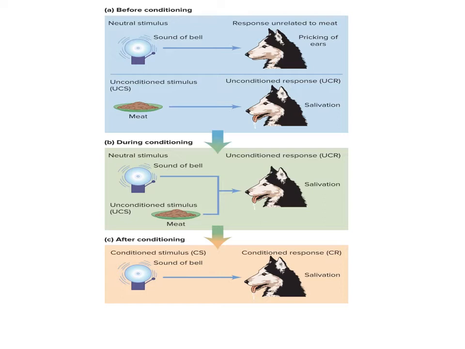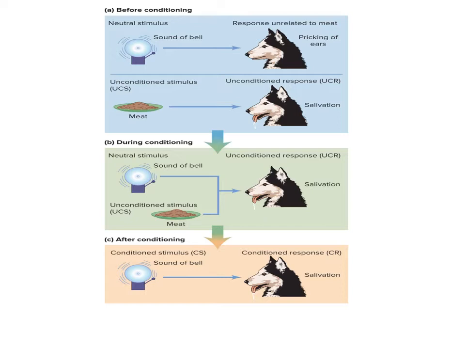The next image shows a dish of food and a dog looking at it, salivating. This is representing the unconditioned stimulus, which is the food, and the unconditioned response, which is the salivation.